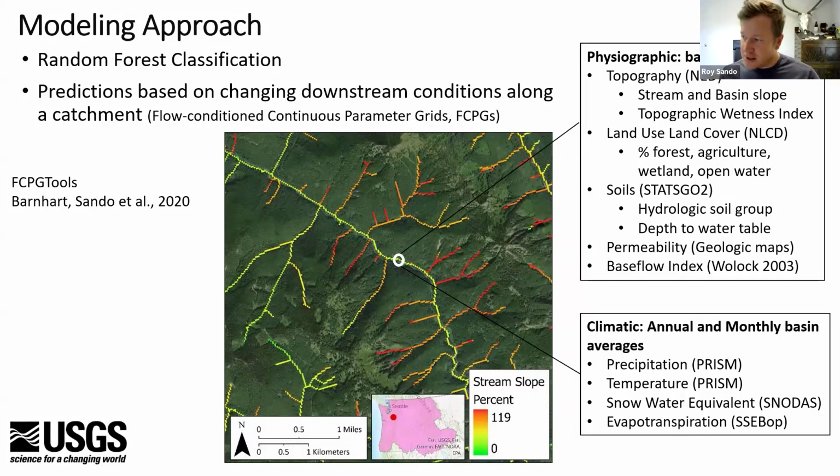So we created these 30-meter grids for the entire Pacific Northwest, which represented topography, land use, soils, permeability, and a base flow index. And then we also incorporated dynamic variables, including precipitation, temperature, snow water equivalent, and evapotranspiration.